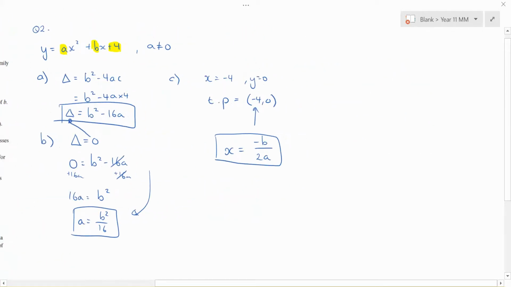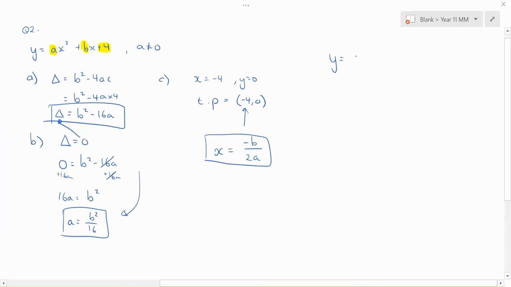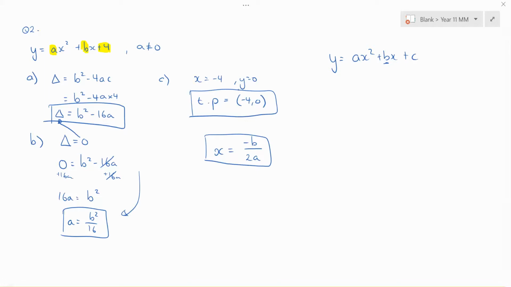I can't prove that to you now because you haven't learned calculus yet, but for any general equation y equals ax squared plus bx plus c, the x coordinate of your turning point can be found by taking negative b divided by 2a. I'll explain that tomorrow in class again just to make sure everyone's got that formula, but that's an alternative to completing the square to find the turning point. You can also do it this way.